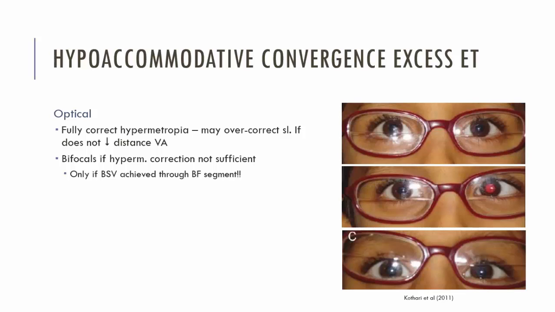If you want to confirm that the patient does have BSV through the bifocal segment, you can perform tests like Bagolini striated glasses, where they should have a cross, and then tests like random dot stereo acuity, so a Lang or a TNO. These patients should be able to pass stereo acuity tests or random dot stereo acuity tests and give you a BSV response for tests such as Bagolini striated glasses.